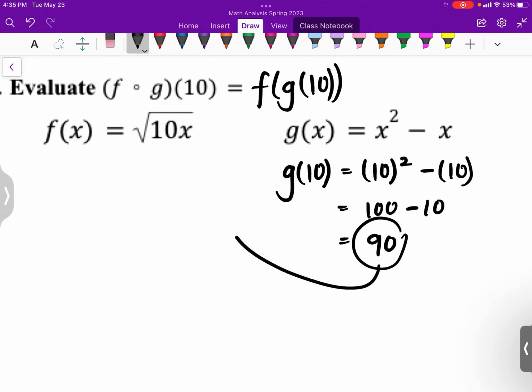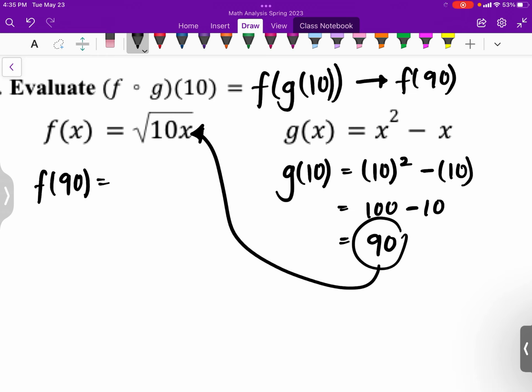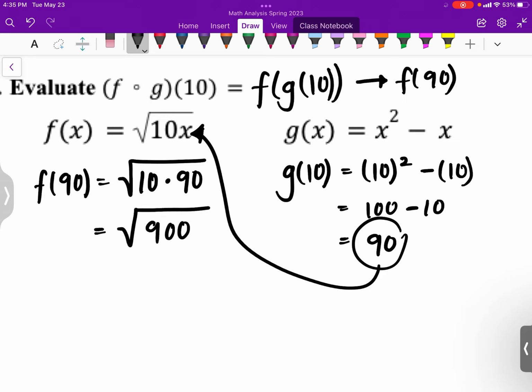Now, this 90 we're going to input over here because, once again, it's f of g. So we already found g of 10. Now we need to find f of 90. So f of 90 equals the square root of 10 times 90. If we multiply these two, 10 times 90 is 900.